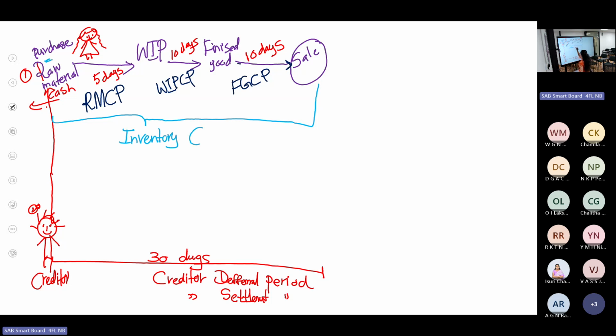Inventory conversion period. How many days is the inventory conversion period? Can anyone tell me? 25 days. Exactly, it is 25 days.